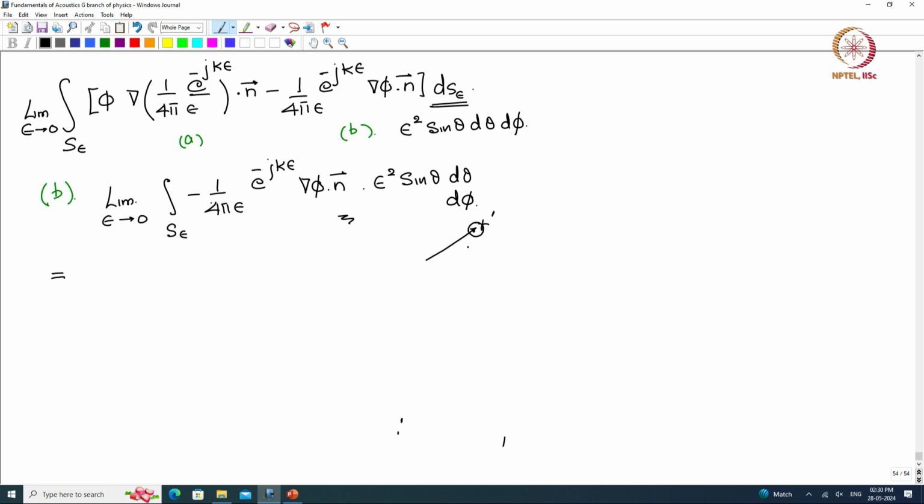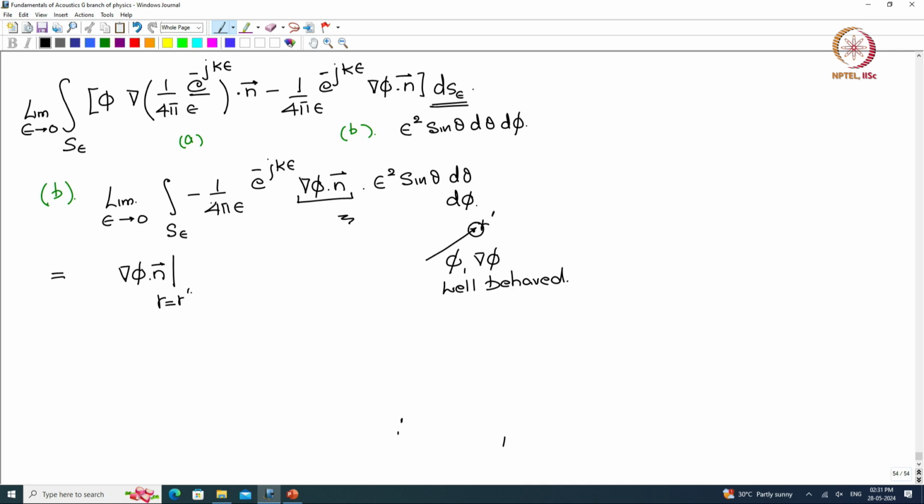And phi and del phi are well behaved by the theorem or Green's identity, and therefore as epsilon goes to 0, this del phi dot n comes out and acquires the value at r equal to r dash.